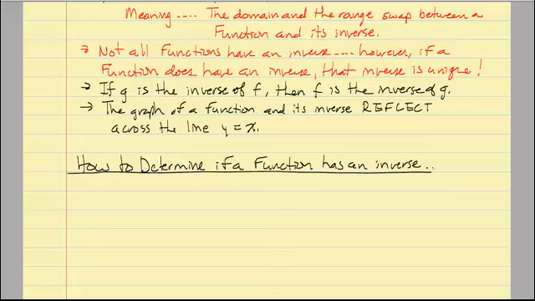We go ahead and give it the vertical line test. If it passes the vertical line test, we know it's a function. Let's go ahead and look to see how we determine if a function, we already know it's a function, has an inverse. Well, one way is to graph the function. So one way is to look at this graphically. So graph the function and see if it passes the horizontal line test.